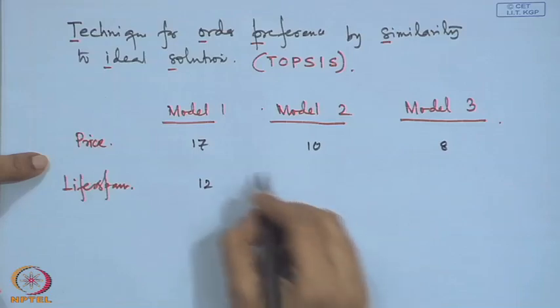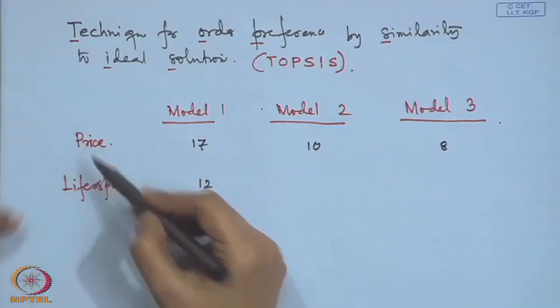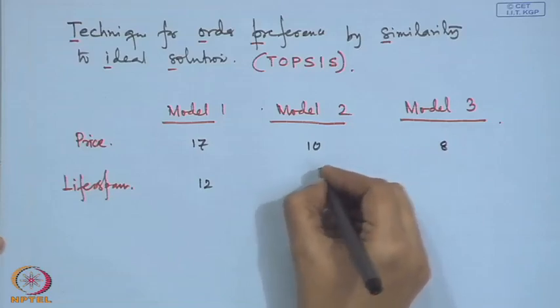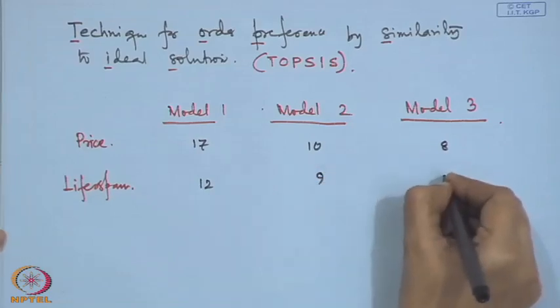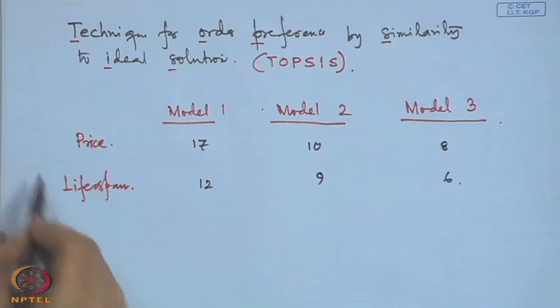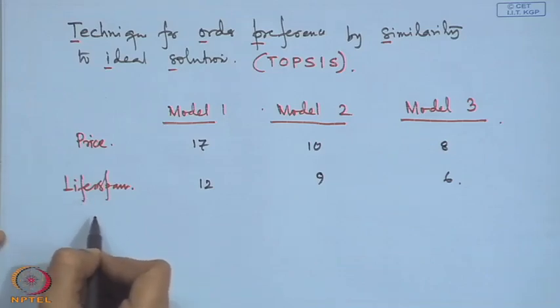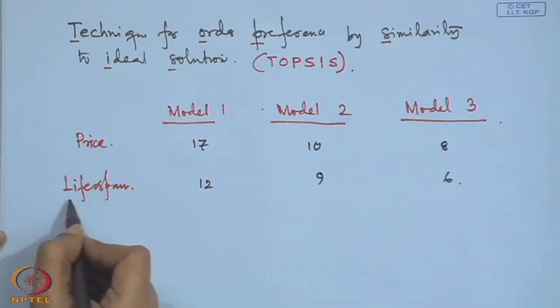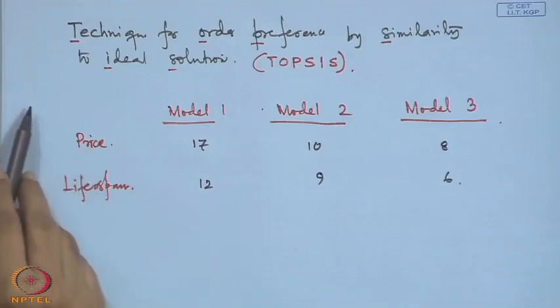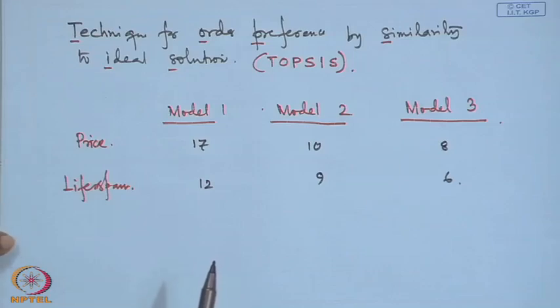That is why there is a conflict between the attributes. In one way, we want to maximize the lifespan of the electronic instrument, and on the other hand we want to minimize the price.